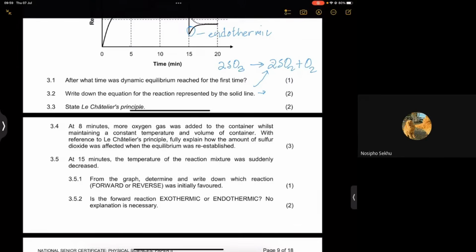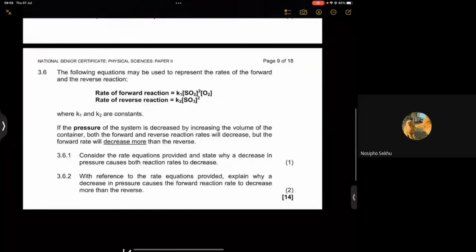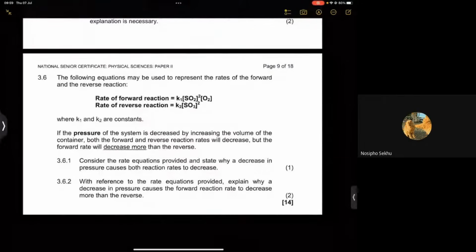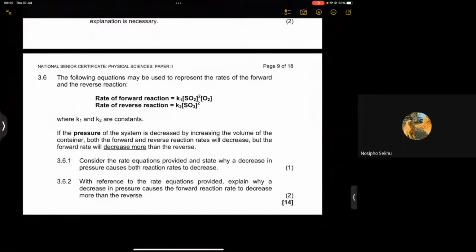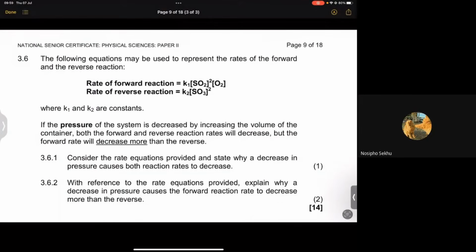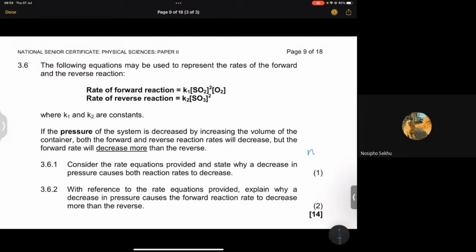They say at 15 minutes, the temperature of the reaction mixture was suddenly decreased. Consider the rate equation provided and state why a decrease in pressure causes both the reactions to decrease. Please remember, why would it affect both?